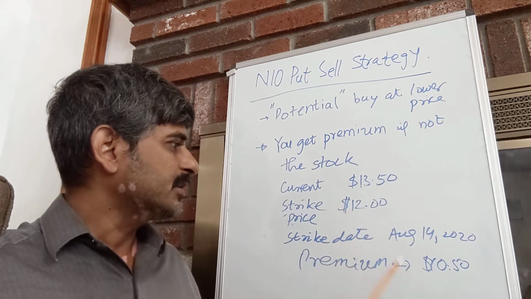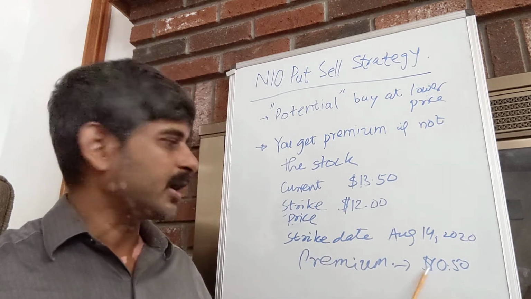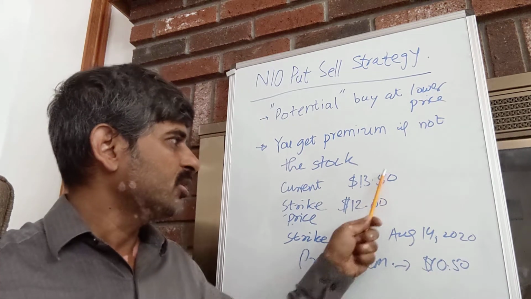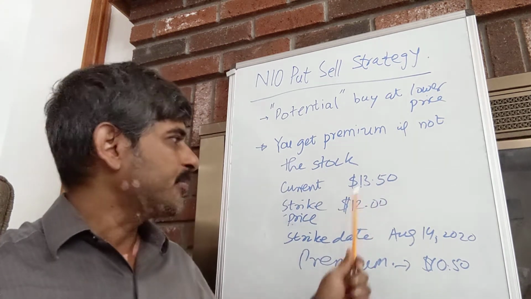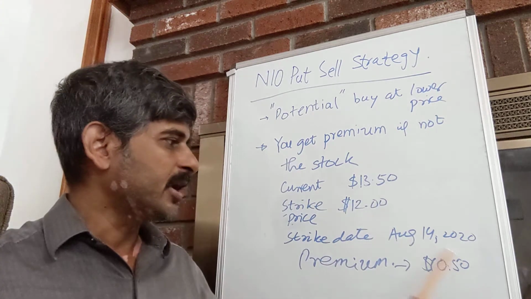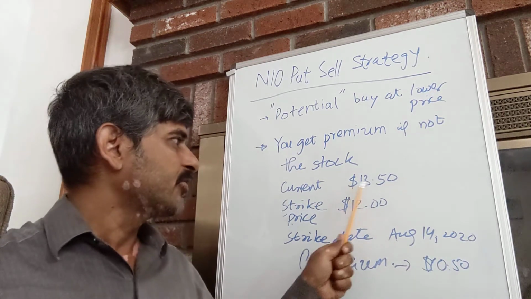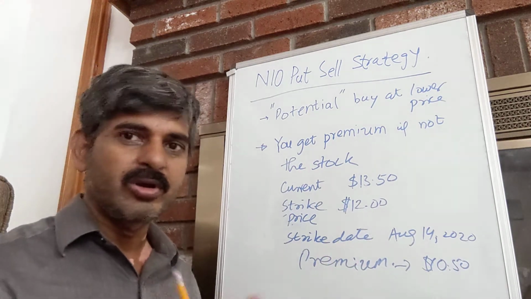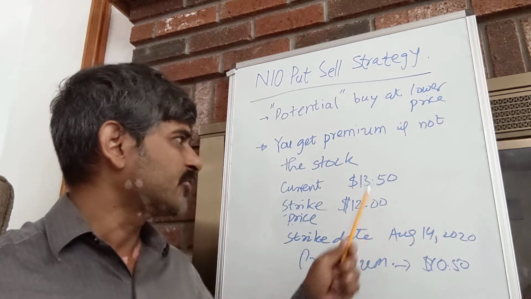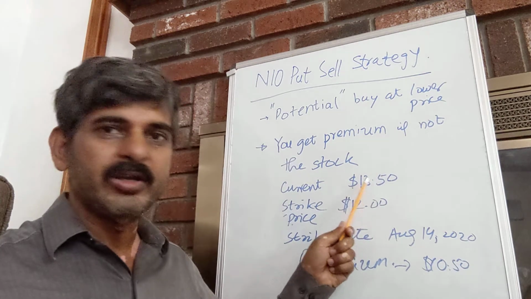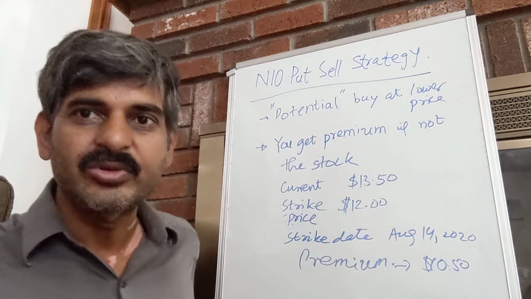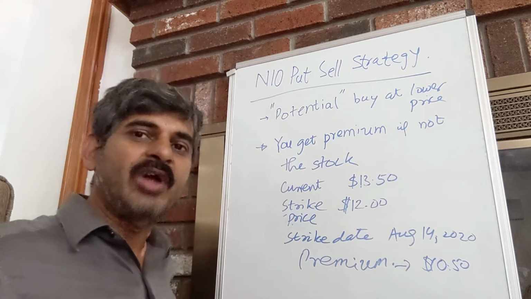In that case you also get a little higher premium, which means that if you are not able to grab this moving train, you get a higher premium. And if you are able to get it, because of that premium, your price will be a little lower than 13, which means you may be getting 80 cents for a $13 strike price. So that's how you choose the strike price.